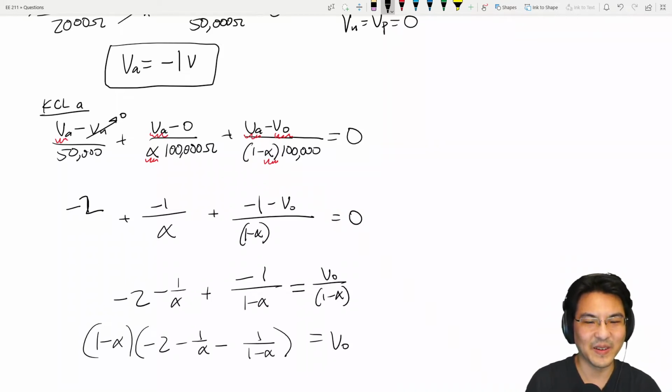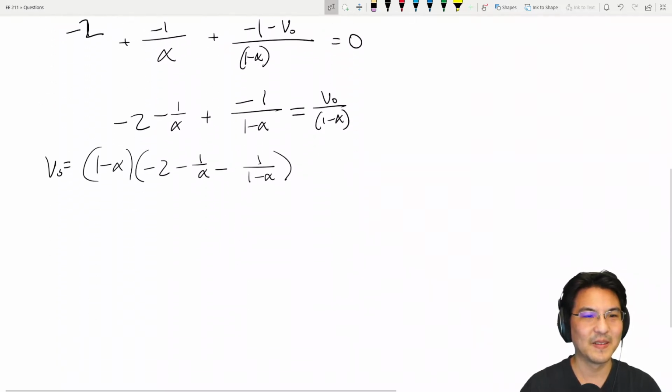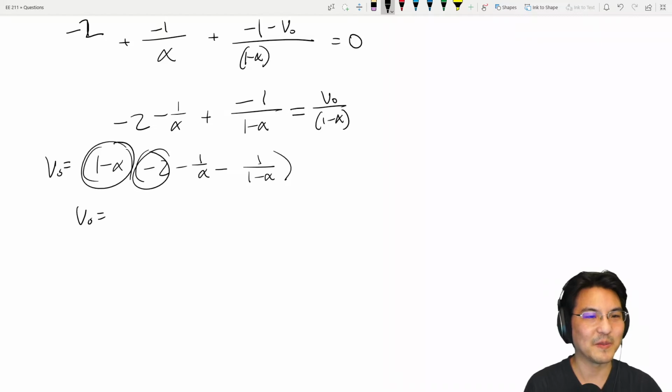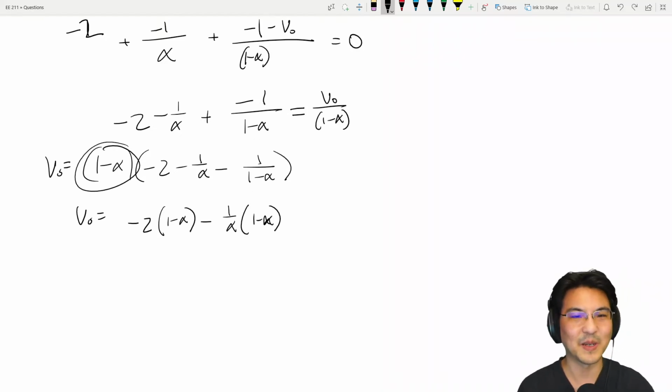Okay, so there is V out. I'm sure I can simplify a little bit. Let's simplify just a little bit. So this times this, minus 2 times 1 minus alpha, minus 1 over alpha times 1 minus alpha, and then this times this would just be -1.